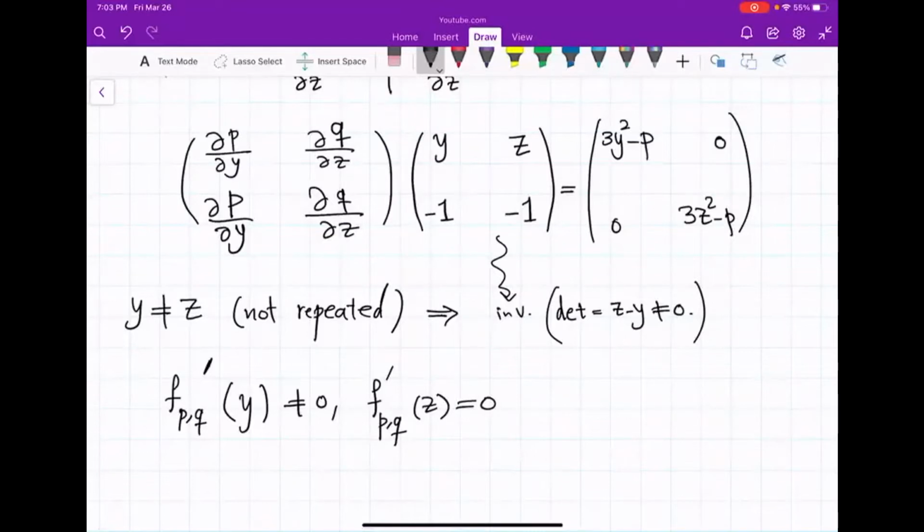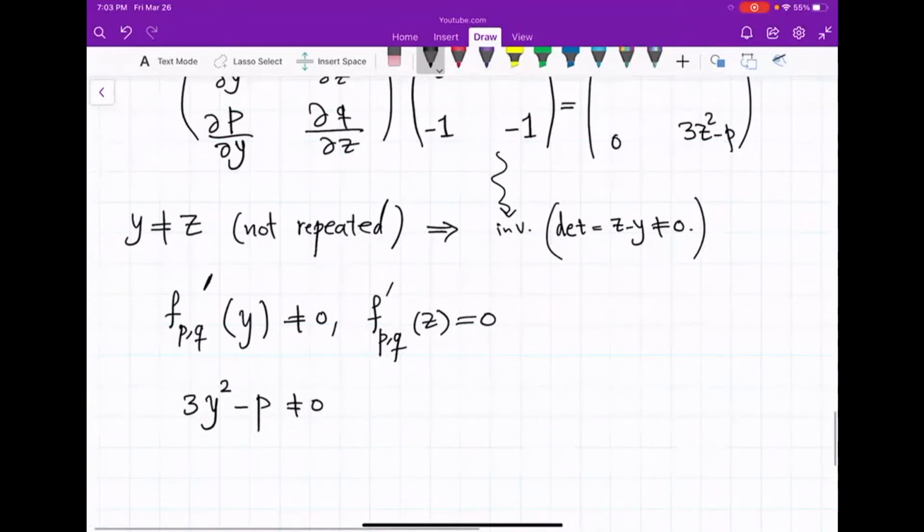From this, what is the derivative of f pq? It's 3y squared minus p. That's exactly the derivative f prime evaluated at y. And similarly, 3z squared minus p is not 0 either.